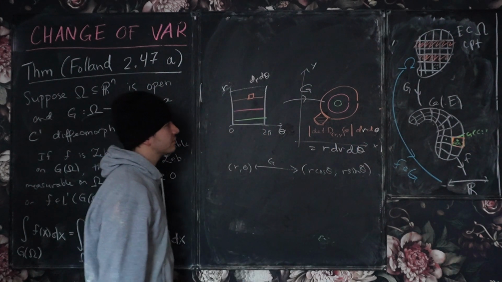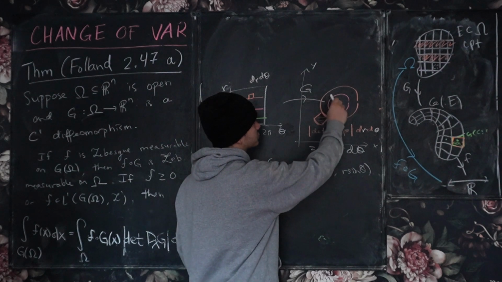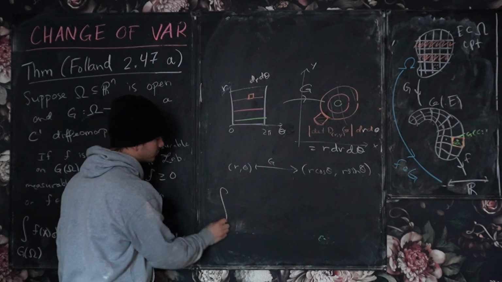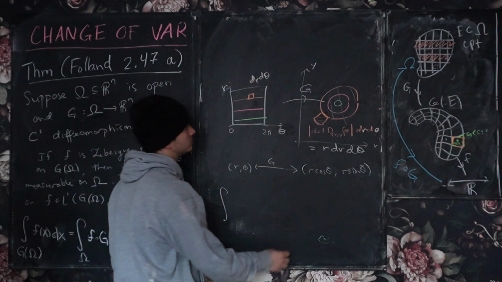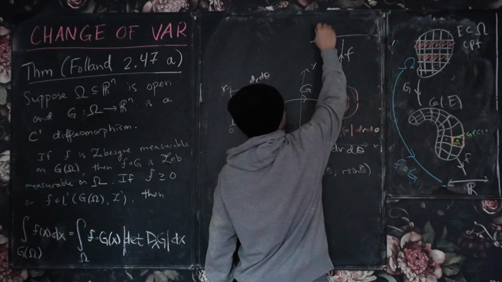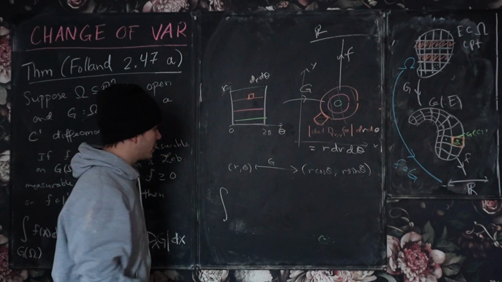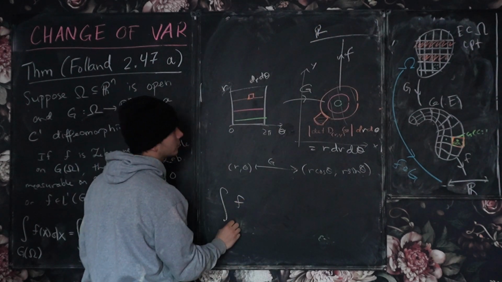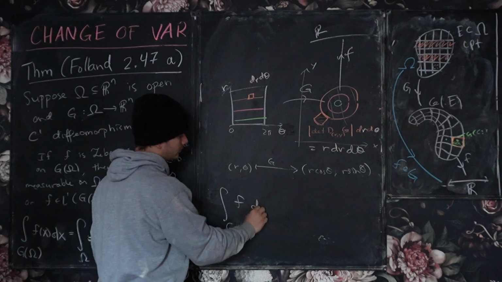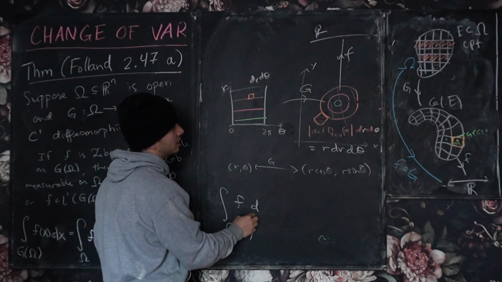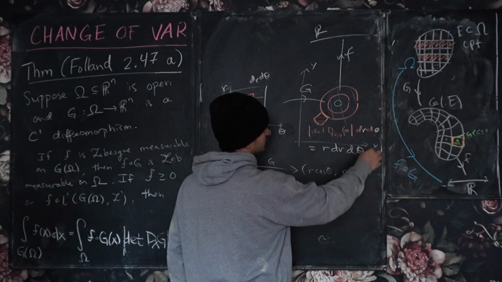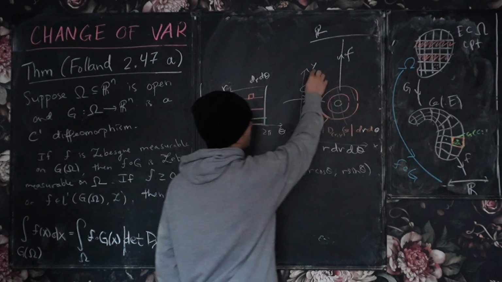And so what I'm saying is, if I want to integrate a function over this region, say the function f, which sends this region to the real line, call this region omega, and my integration is done with respect to these coordinates x and y here.